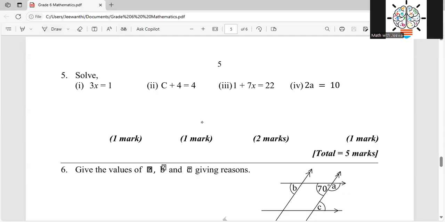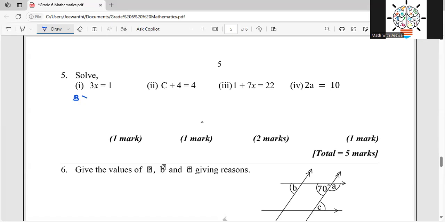When you want to keep x alone, what we should do, I'll write it and show you here. 3 times x equals 1. Then x is equal to, you bring that multiplication 3 to the other side, that becomes division 3. So the answer is 1 over 3.